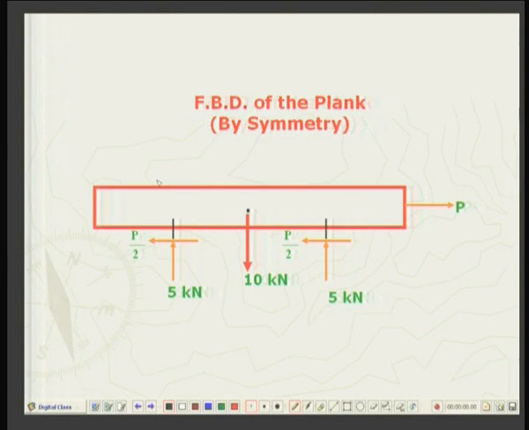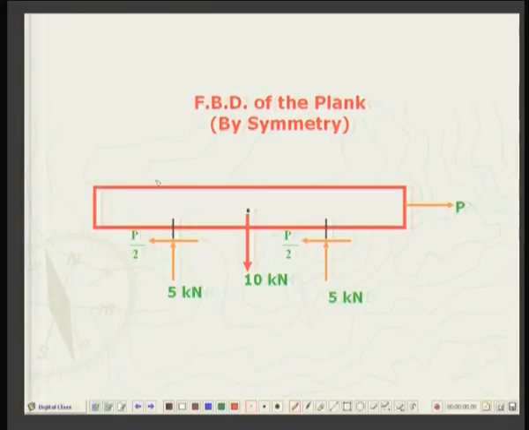Same argument we had in the case of beams also, you may recall. So it means the reaction here and reaction here will be same, and essentially they will be both 5 kilonewtons because the total downward load is 10 kilonewtons.